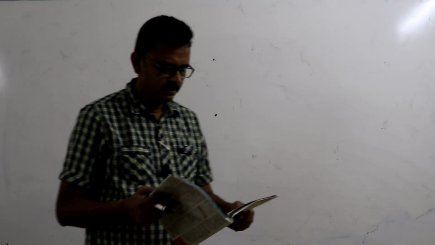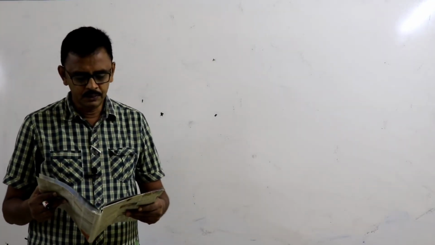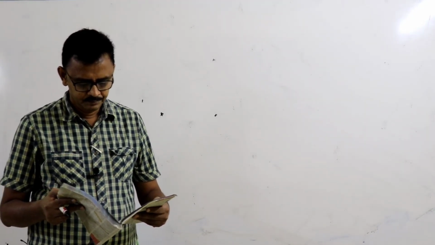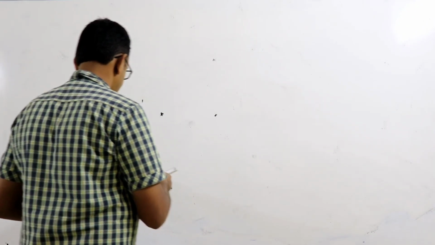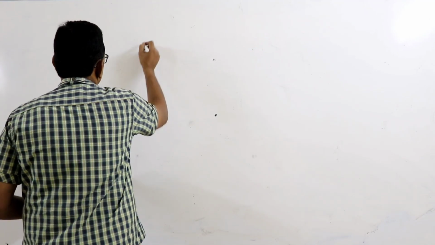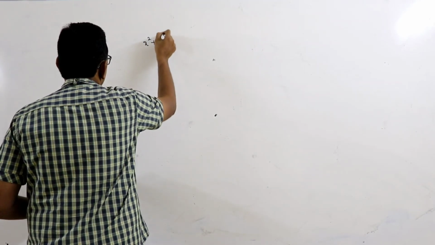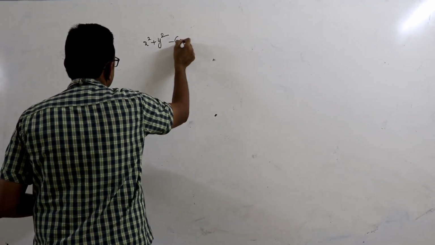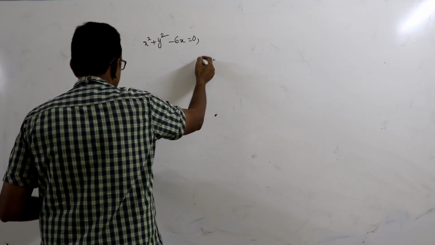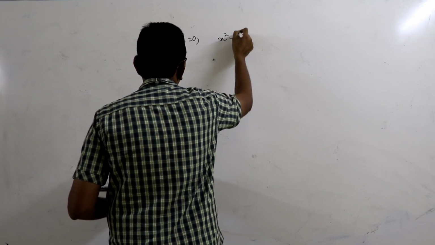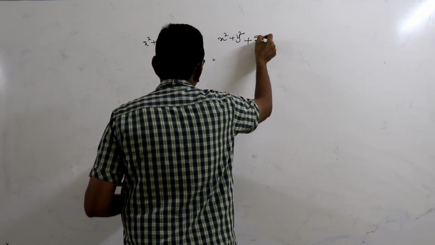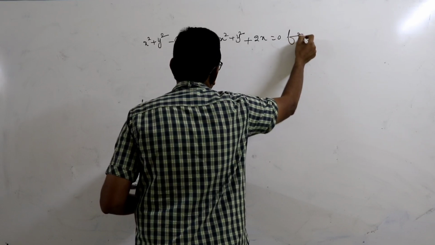Next one. The common tangents to the circles x square plus y square minus 6x is equal to 0 and x square plus y square plus 2x equal to 0 form.